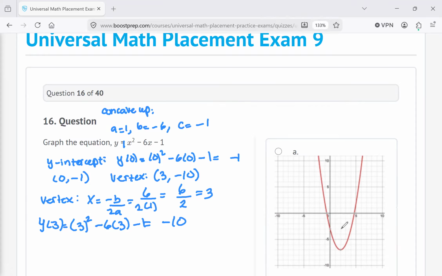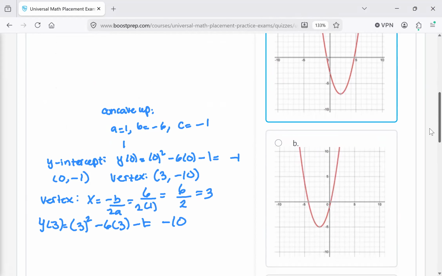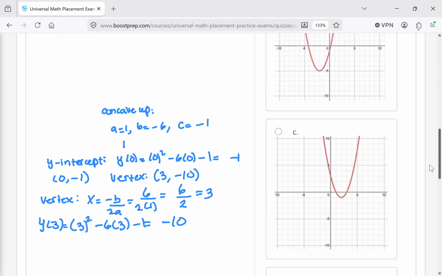So it's not A. Is it B? No, it's not. The vertex is all wrong. Is it C? Let's see. No, the vertex is off.